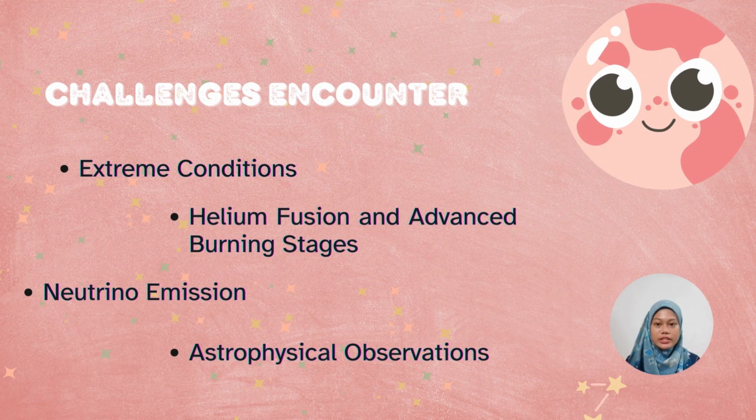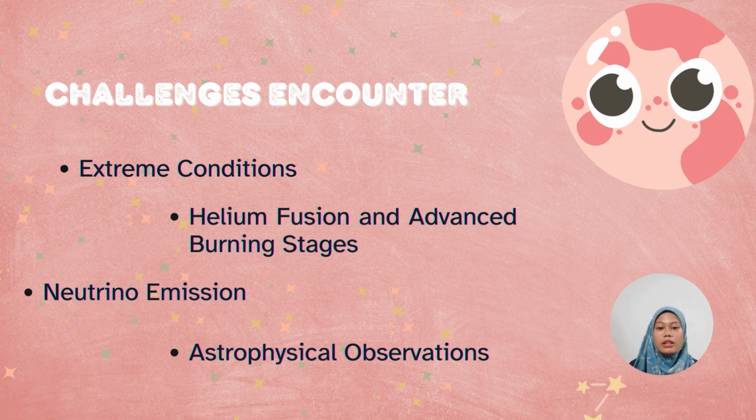Next, nuclear reactions in stars are fundamental processes driving stellar evolution and energy production. However, these reactions face challenges in observational validation. So here are some of the key challenges encountered for nuclear reactions. First is extreme conditions.